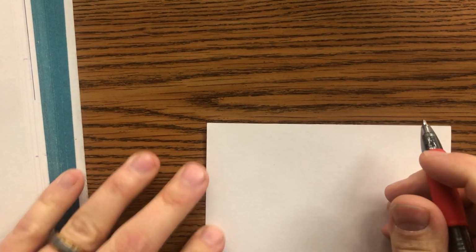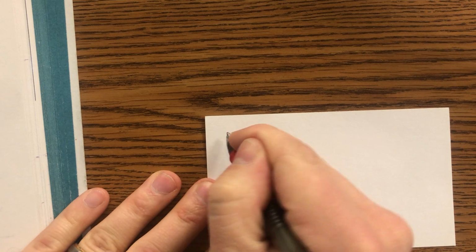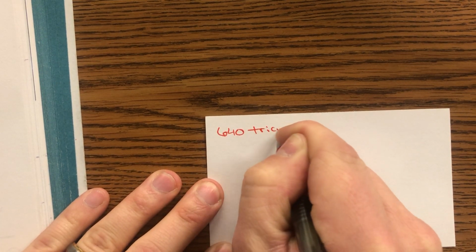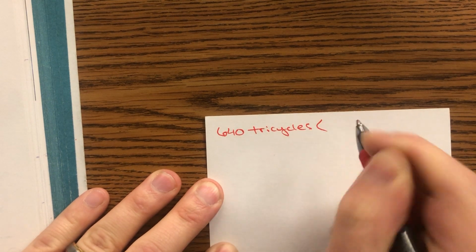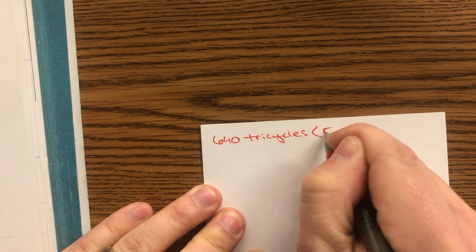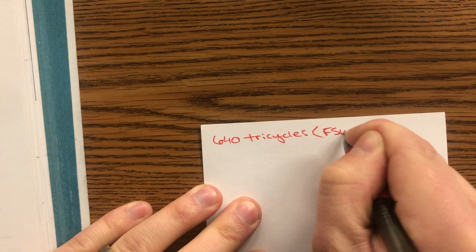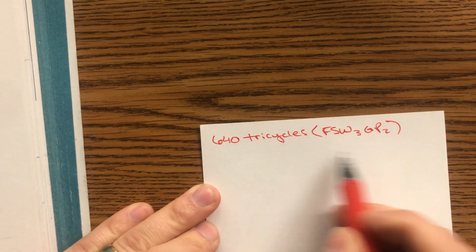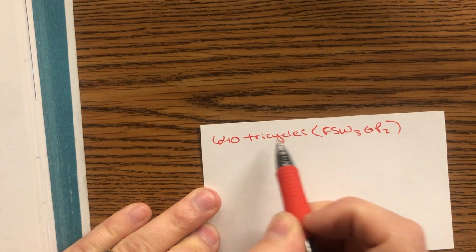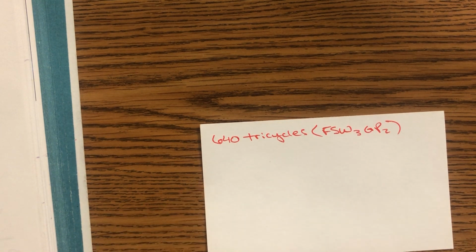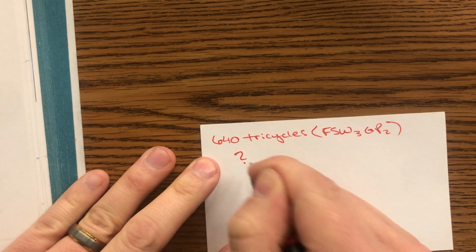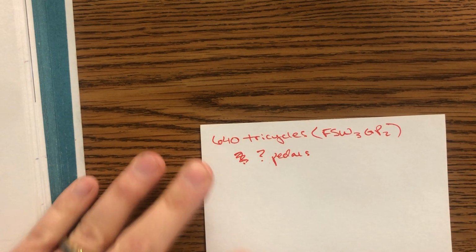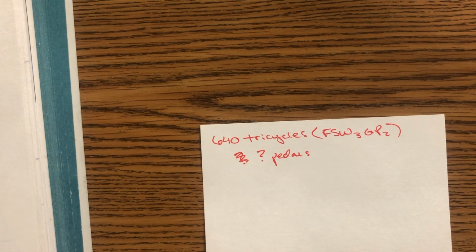What we want to figure out is, if I wanted to make 640 tricycles, and the equation for a tricycle is FSW3GP2, that's my equation essentially for a tricycle, and I want to make 640 of them, how many pedals do I need?